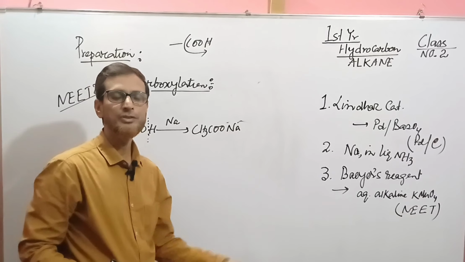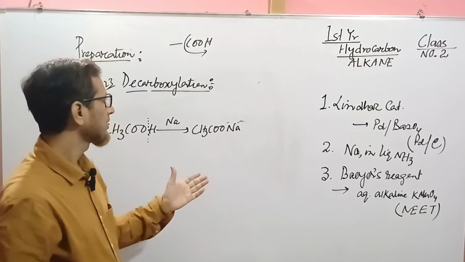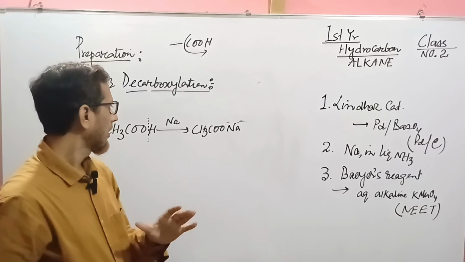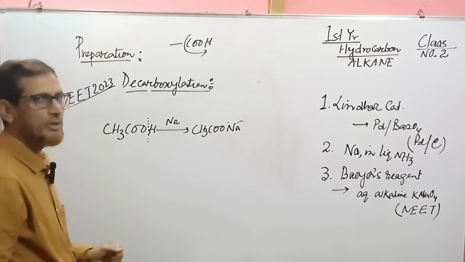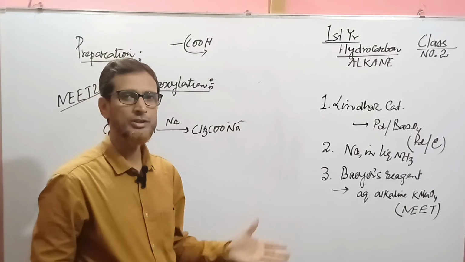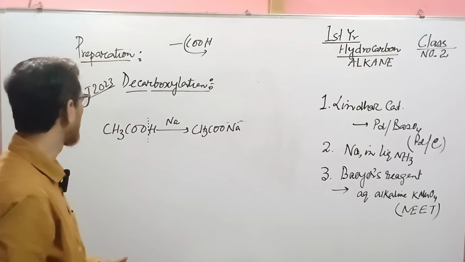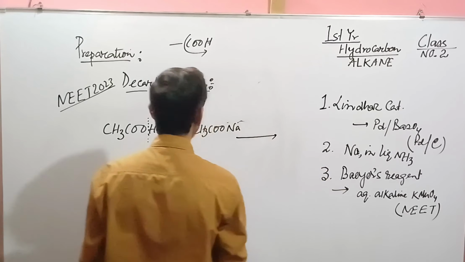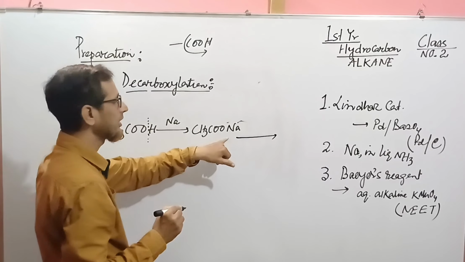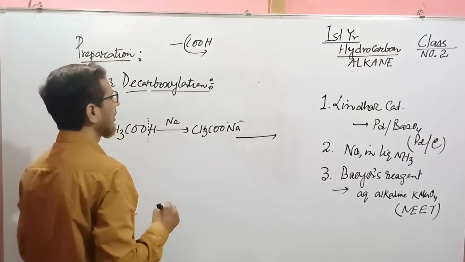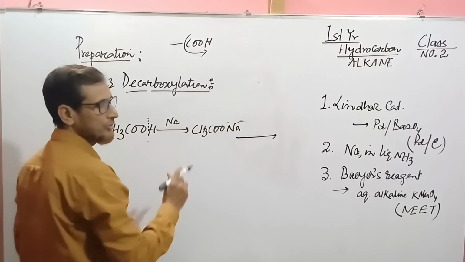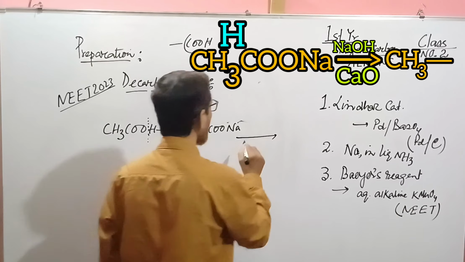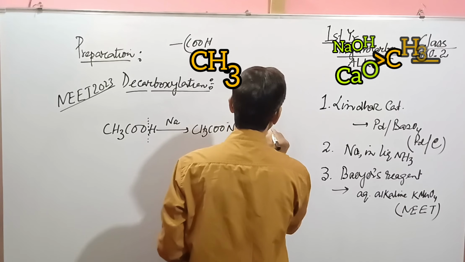I have given a series of questions, chapter wise explanation from class 1 to 11 up till now. If you want to make your concept sound, you can see it, and you can very easily understand each and every one. So this is sodium ethanoate, or the salt of a carboxylic acid.